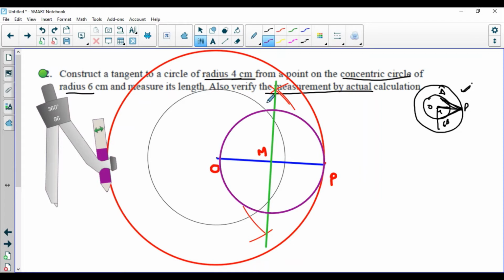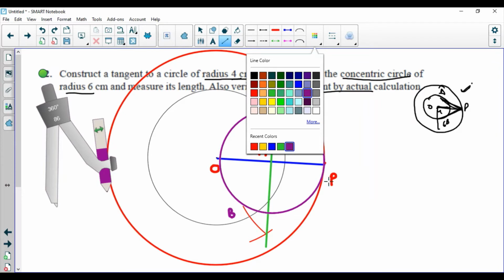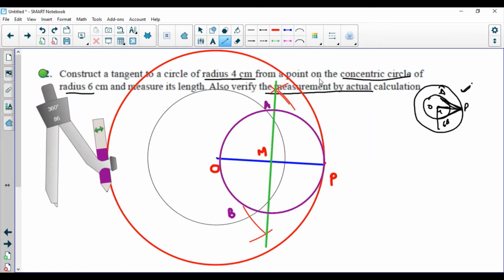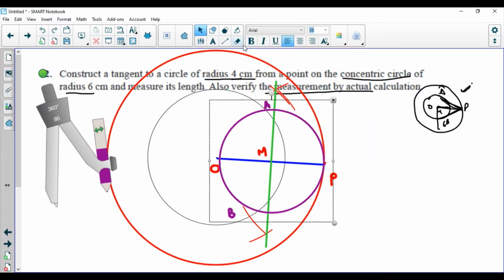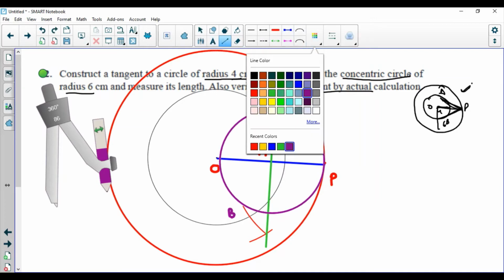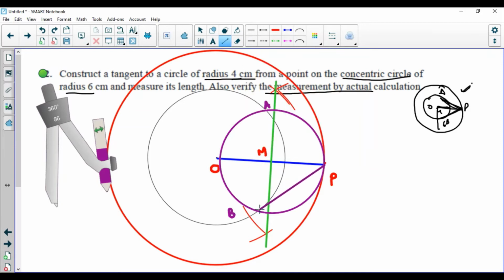Let those 2 points be A and B. Join PA and PB to get the tangents. So this is PB and PA.